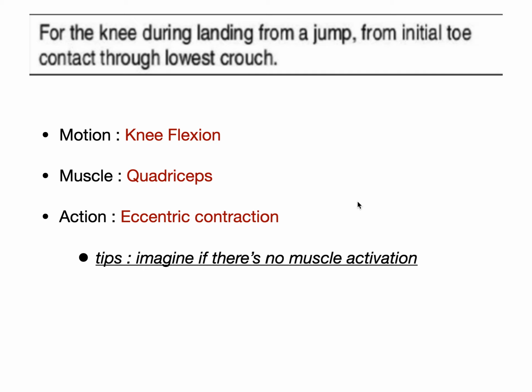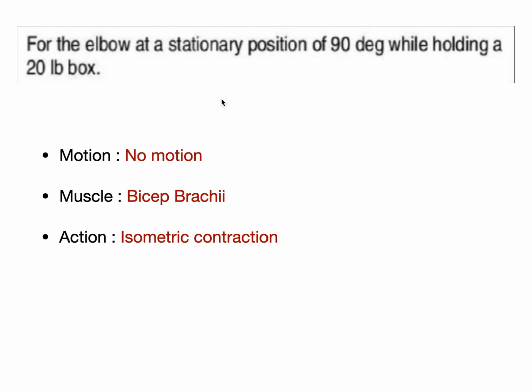Okay. And the last scenario is for the elbow at a stationary position of 90 degrees while holding a 20-pound box. For the elbow, is there a motion? No, right? Because it's a stationary position at 90 degrees. And what muscle is doing the work?